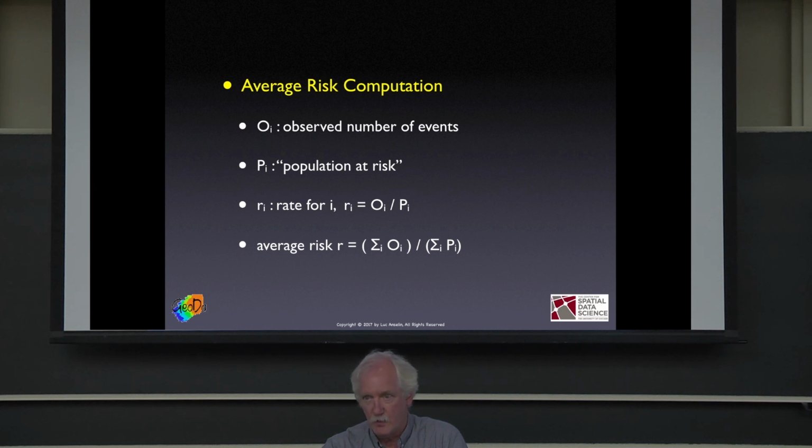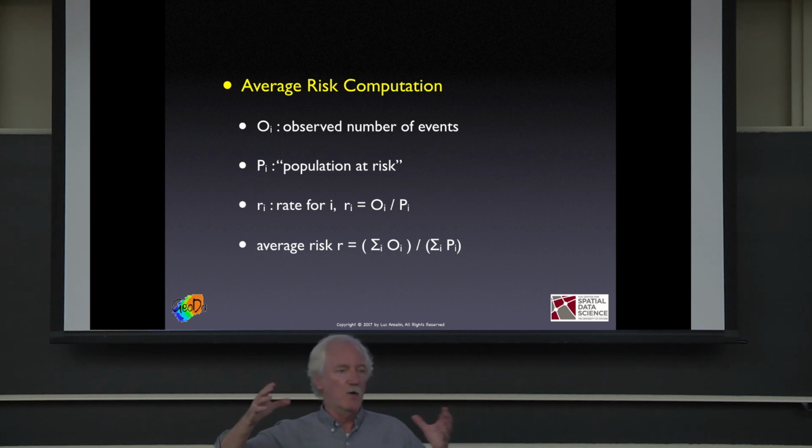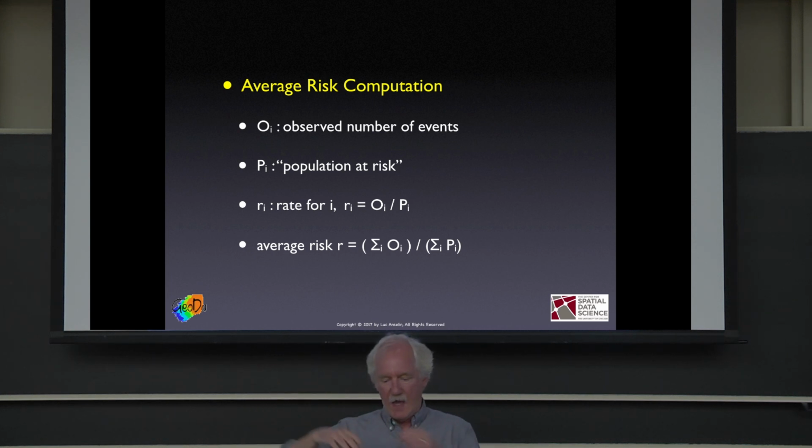And this turns out to be also the maximum likelihood estimate. It's unbiased and all that good stuff. The average risk is not the average of the r_i, but it's the sum of all the events over your reference group and over the sum of all the populations, right?